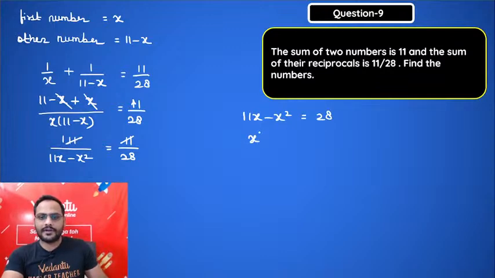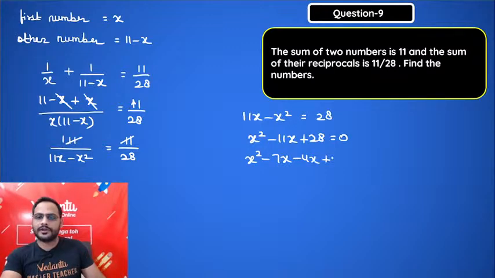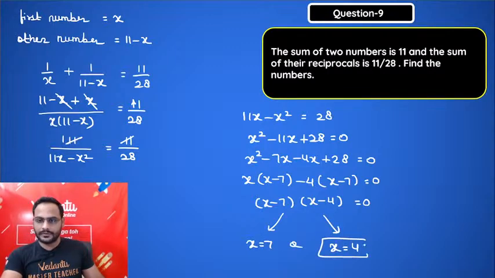Shift everything over there, final equation x square minus 11x plus 28 equal to 0. 7 and 4, x square minus 7x minus 4x plus 28 equal to 0. Take x common, x minus 7. Take minus 4 common, x minus 7 equal to 0. You got x minus 7 into x minus 4 equal to 0. So from here you will say either x is equal to 7 or x is equal to 4.